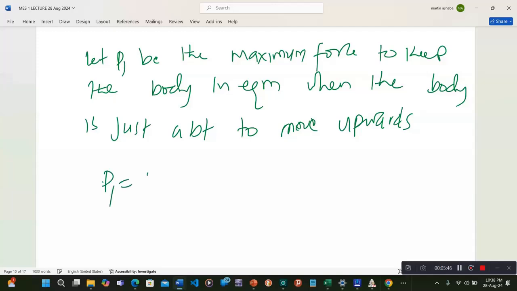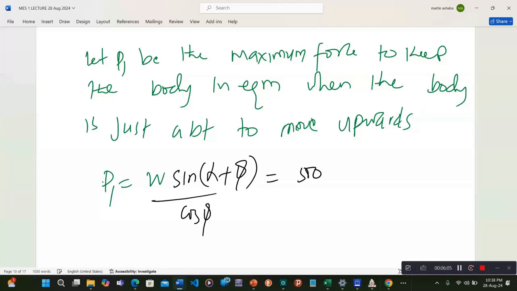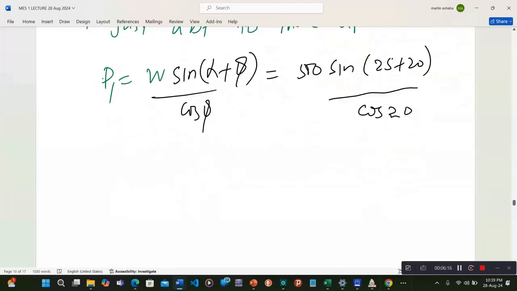So P1 will be W times sine of alpha plus phi, divided by cos phi. So this is the same as 500 sine of 25 plus 20, divided by cos phi, which is cos 20. So that value will equal 500 sine of 45 divided by cos 20.